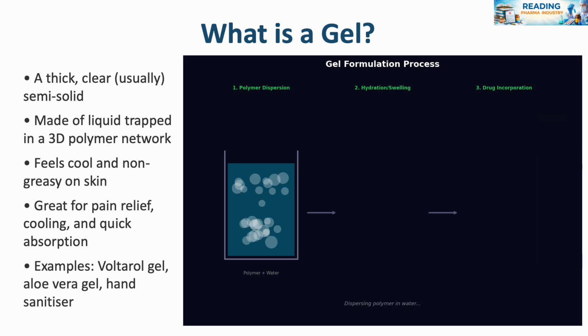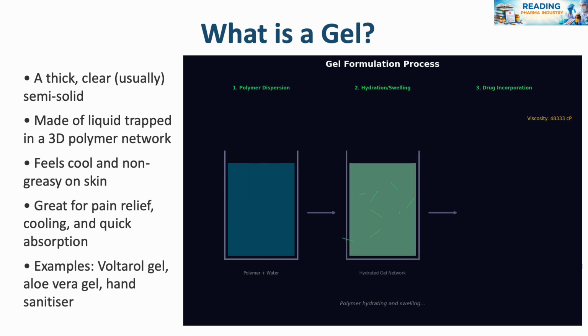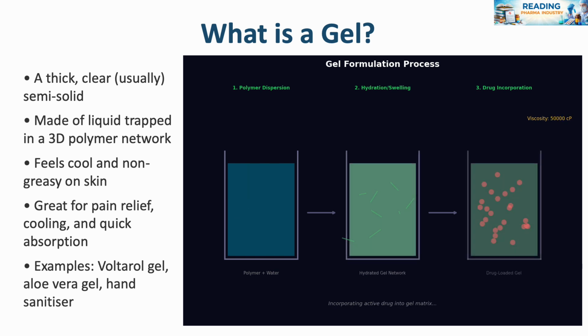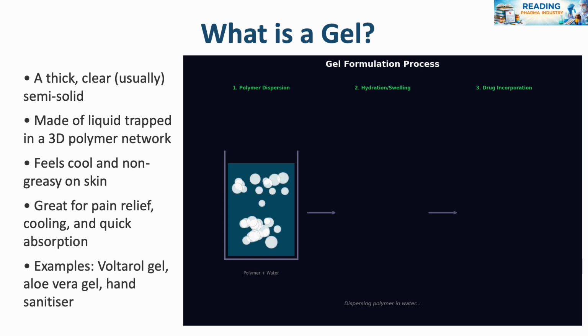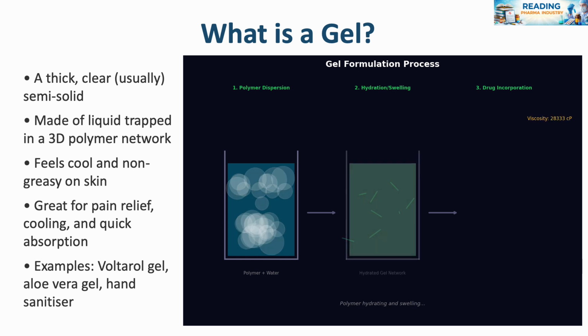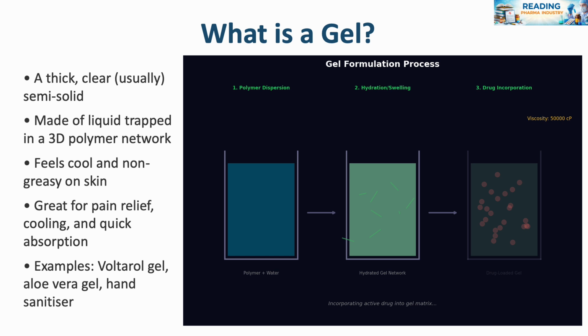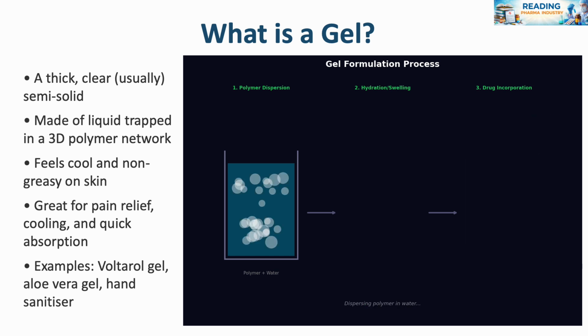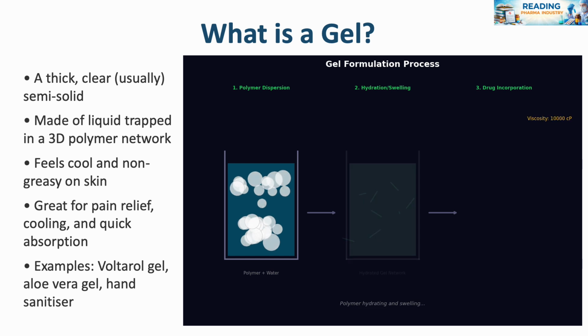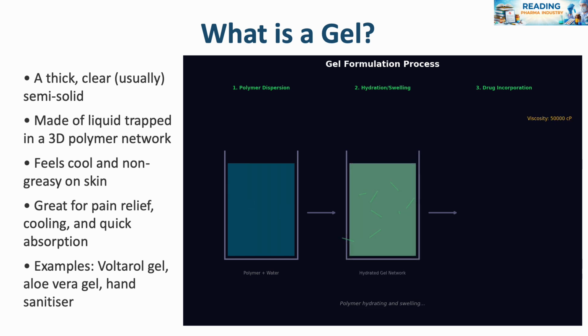At the final stage, if this is a medicated gel, then you will end up adding the drug into it to allow the drug to be loaded. You will notice here in this animation there is an enhancement in the viscosity, and that is what gives the gel its structure and strength, because of this network which is formed with the water molecules.